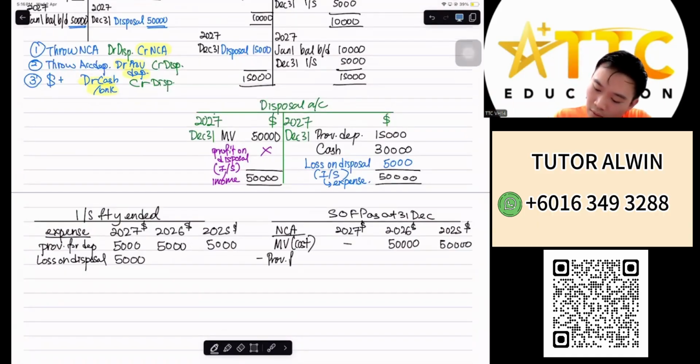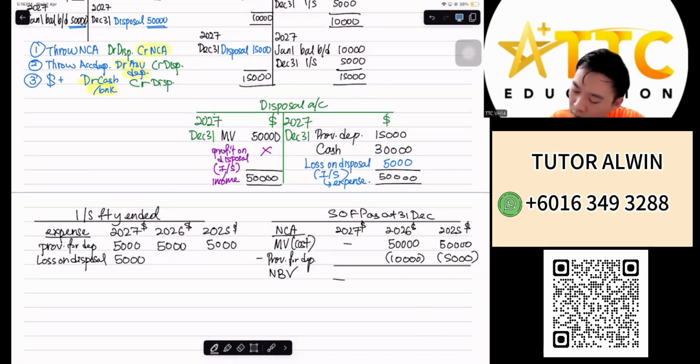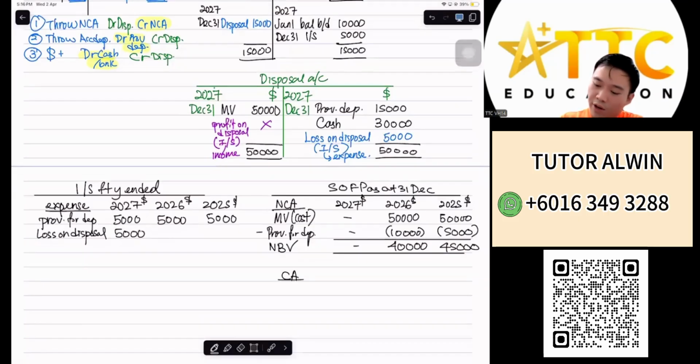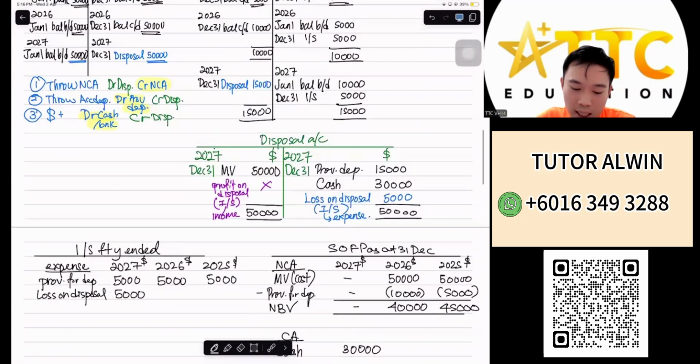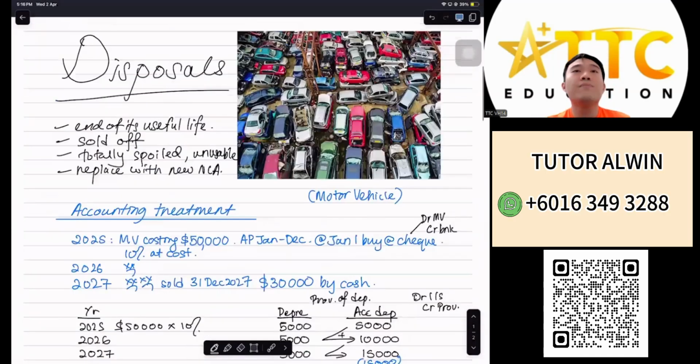Minus provision for depreciation, and you get your net book value, 5,000, 10,000. Here you have 45,000. Here you have 40,000. And here you have nothing. But current asset, you'll be receiving a cash 30,000 over here. Okay, so this is not a full SOFP, full income statement. This is just abstract. So this is how disposal works here and the accounting treatment for disposal.